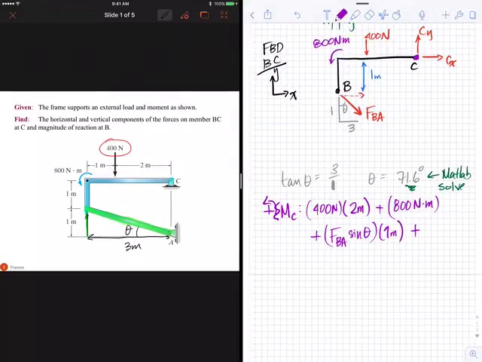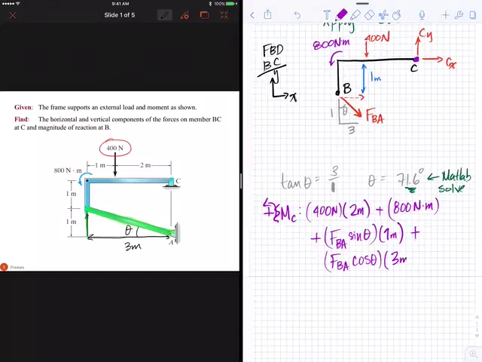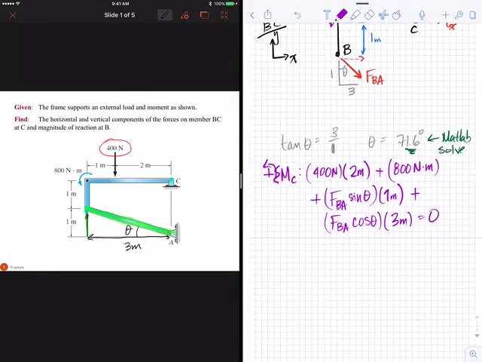Plus, what else? The y component of FBA, the force in member BA. So that's the cosine theta times the moment arm going from B to C, right? And that's the 3 meters, equals 0. So the only unknown in this equation is FBA. I would go ahead and simplify this by hand.